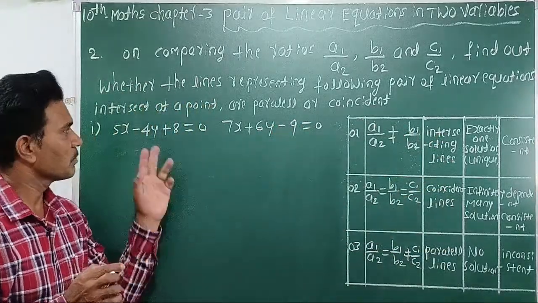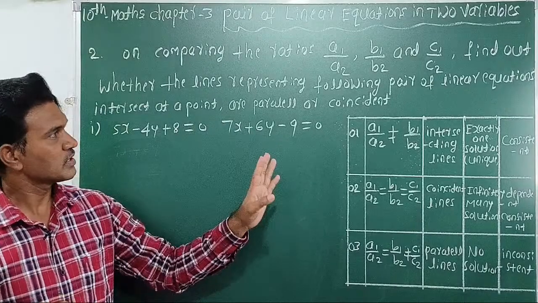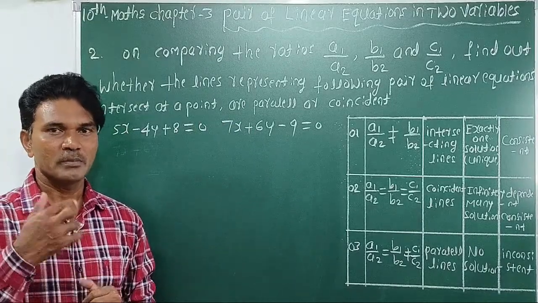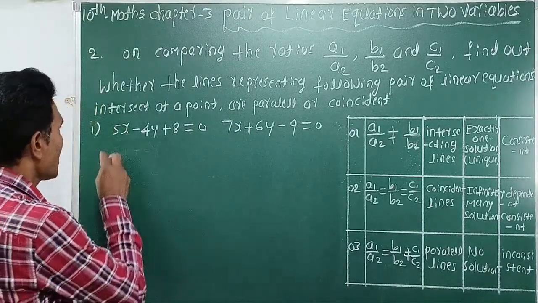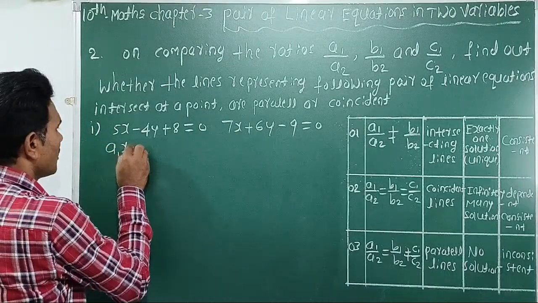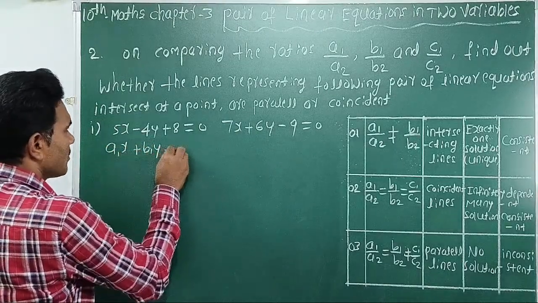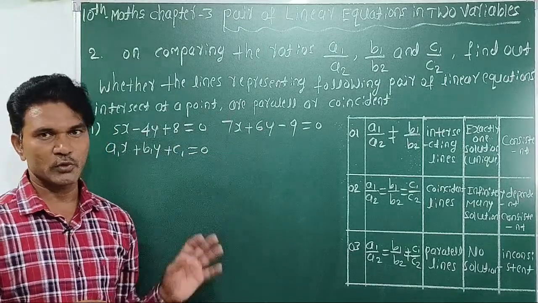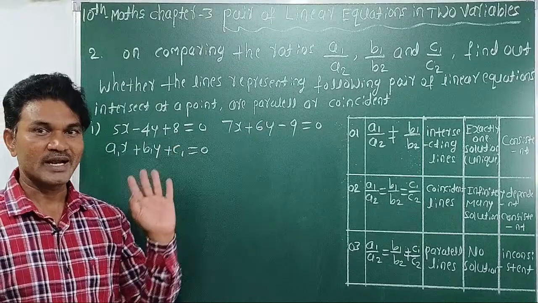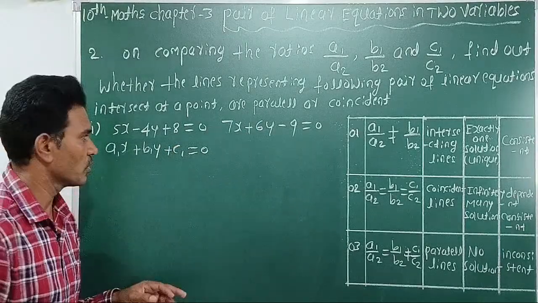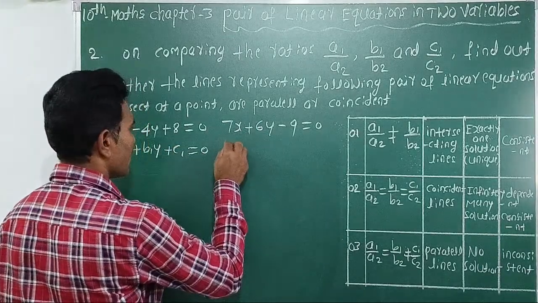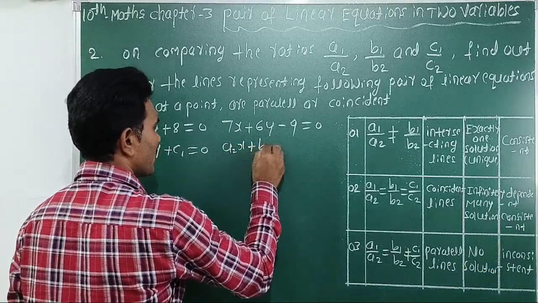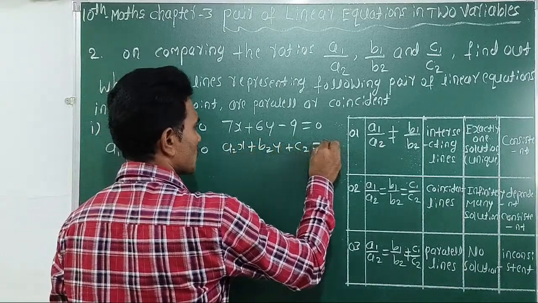First we have to compare these two equations with the general form of a pair of linear equations, that is a1x plus b1y plus c1 is equal to 0, and a2x plus b2y plus c2 is equal to 0.